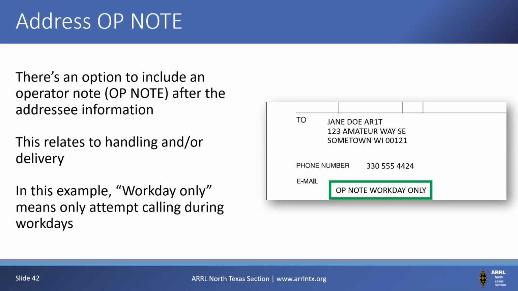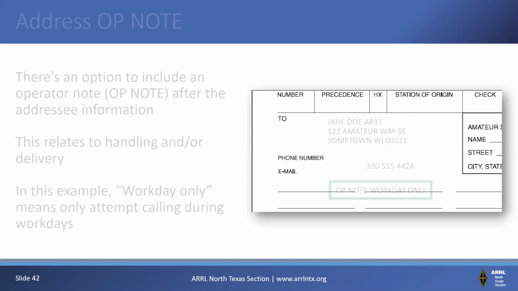This helps the station that's about to do the delivery have an idea of when to try making the phone call, so they're not burning time on a weekend attempt that's just going to lead to voicemail. Again, operational notes or op notes are optional, but for this first one, it gives some help to the delivering station or those handling it if there's any extra information that might help them when relaying this along.